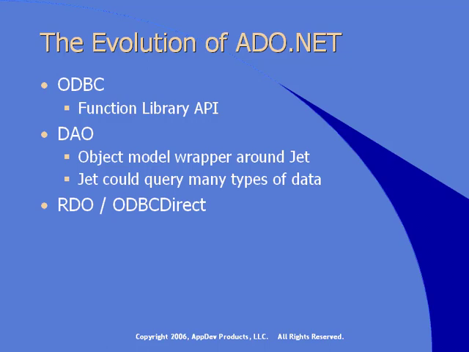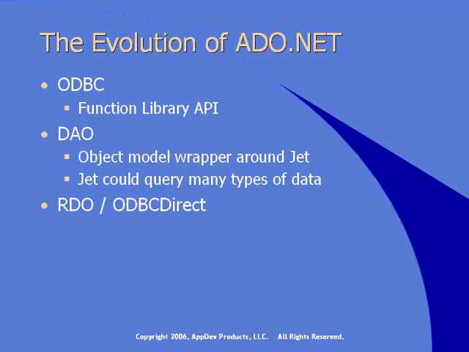DAO allowed you to communicate with server data engines like SQL Server, but you would have to go through the JET engine to get to that ODBC connection to your server database, which was pretty inefficient. So RDO, for Remote Data Objects, provided a direct connection to these remote data engines, hence the name. And yet it used objects that were very similar to DAO.